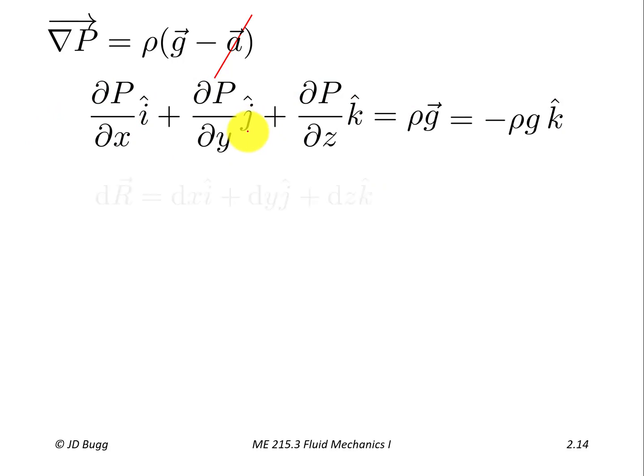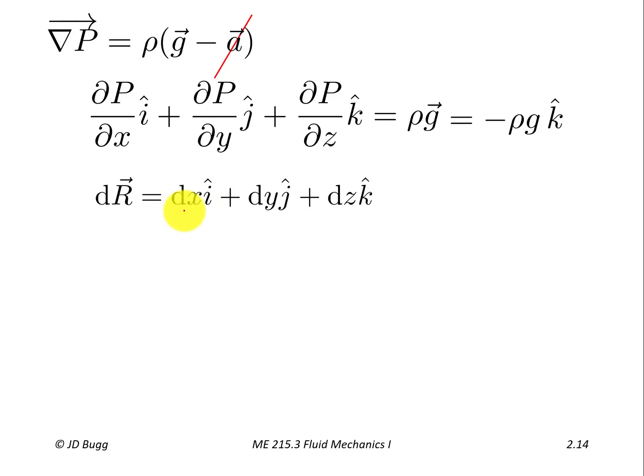Now, we also want to take a look at our dr. In this particular case, we're working with a Cartesian coordinate system, an x, y, z coordinate system. So our expression for dr is always going to be dx i plus dy j plus dz k. This can be used to describe any path moving from one point to another in a Cartesian coordinate system.